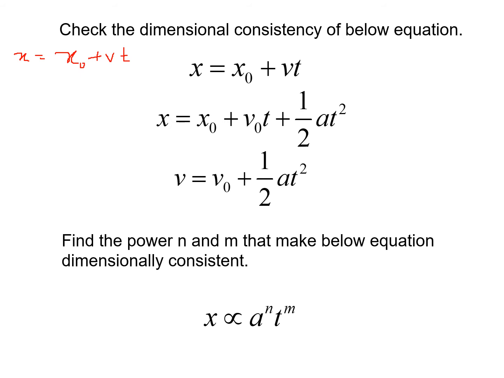The dimension for x is L. x naught is also L. And v is L over t, and t is t, so we can cancel out t and t. Therefore L on the left side is equivalent to L on the right side, meaning that equation number 1 is dimensionally consistent.